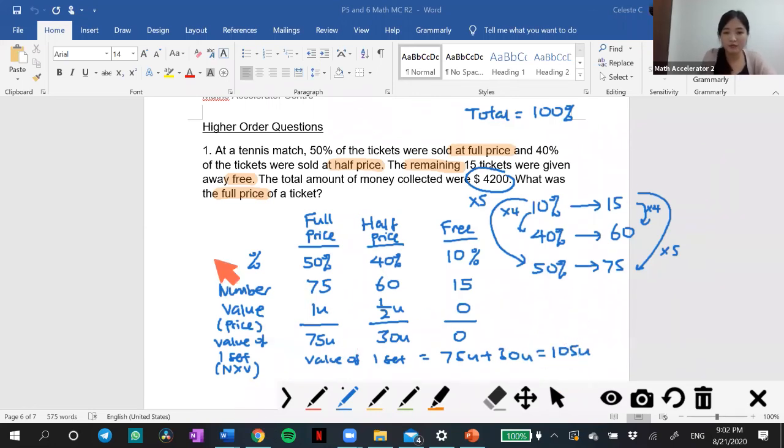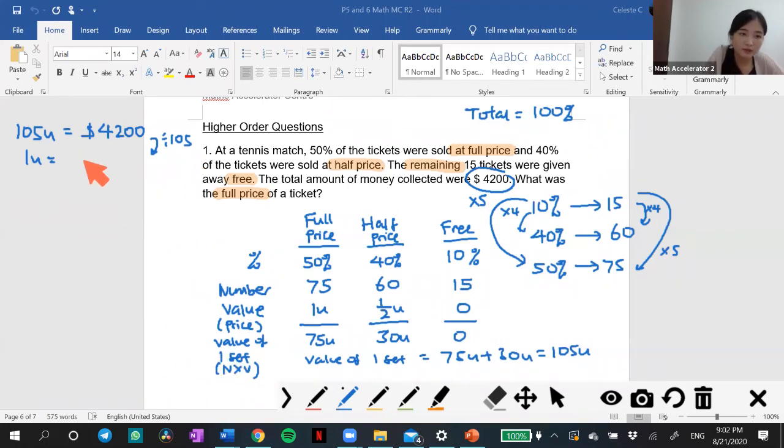So this means that you have to find the 1 unit from here. Because the total here is 105 units. From this, we can find 1 unit. Divide by 105.